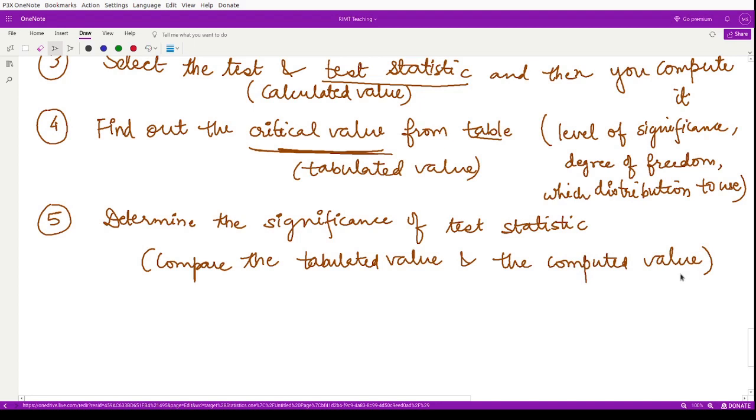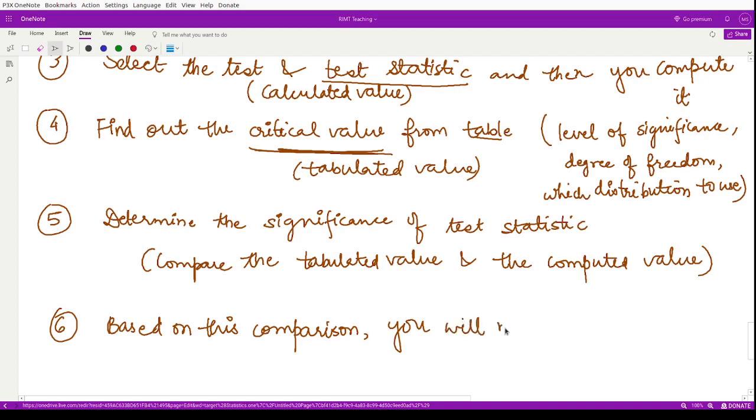Based on this comparison, you will make a decision about accepting or rejecting the null hypothesis.